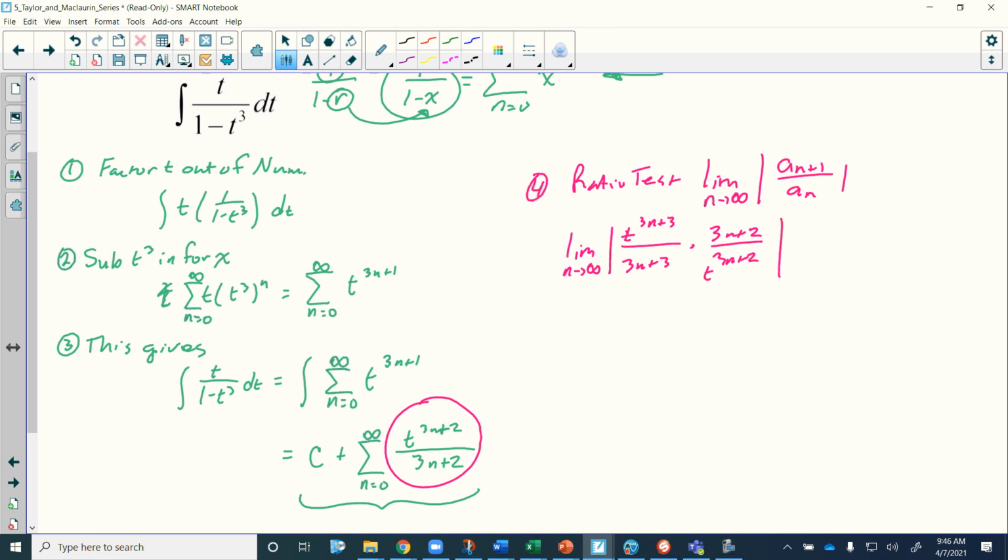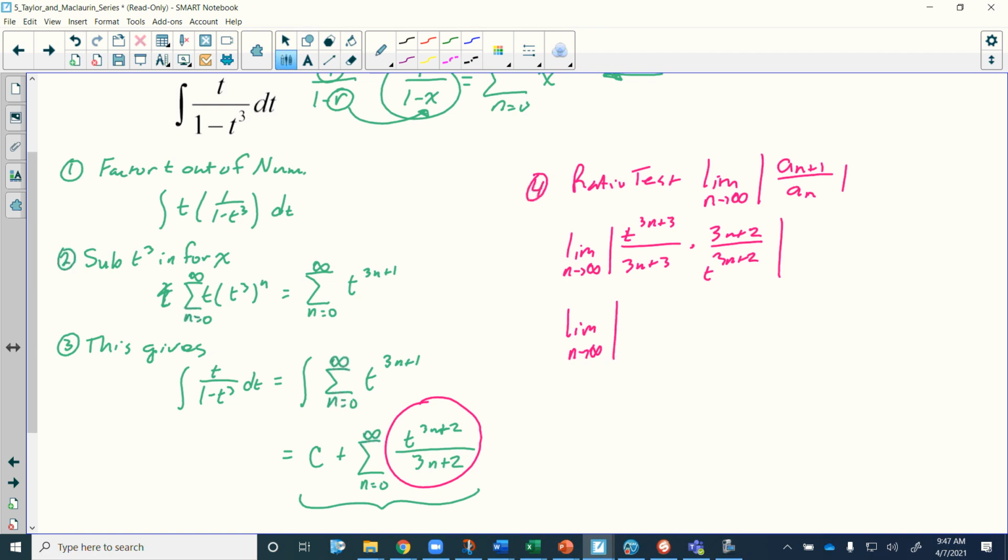And we're going to wind up simplifying. As n approaches infinity, the 3n plus 2 over the 3n plus 3, those aren't really going to simplify, but I can take the t raised to the 3n plus 3 power and subtract the exponent of the t raised to the 3n plus 2 power.